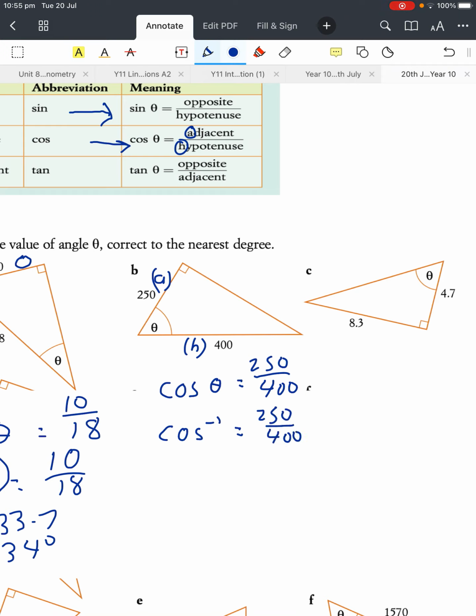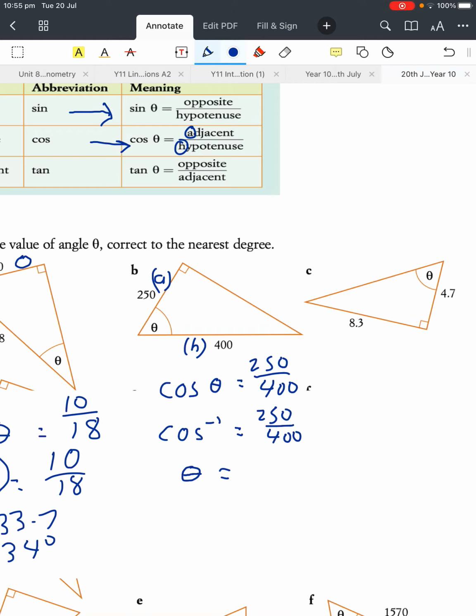Okay, so you pick up your calculator. The angle we're trying to find, which we call theta, is a circle with a line through it. We press shift then cos, not at the same time.